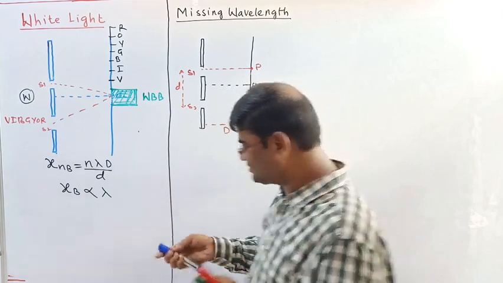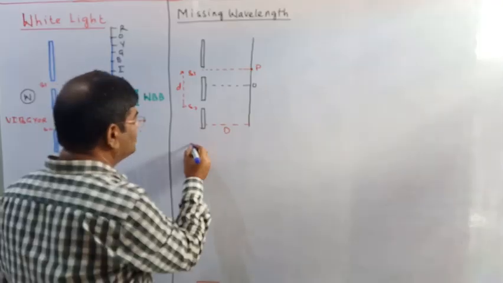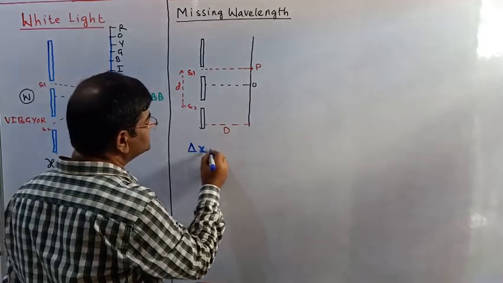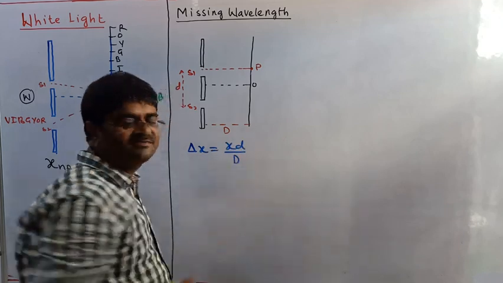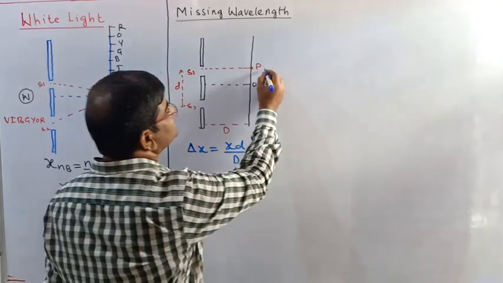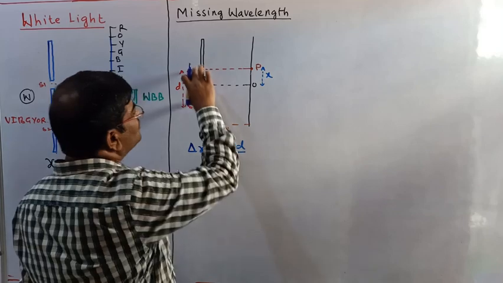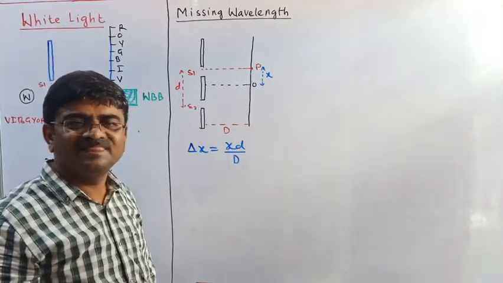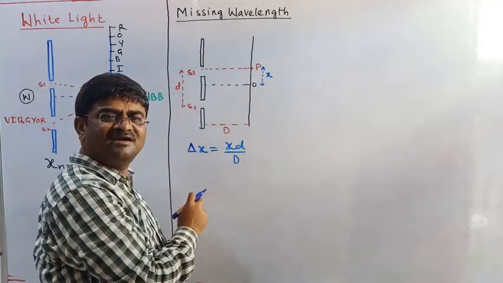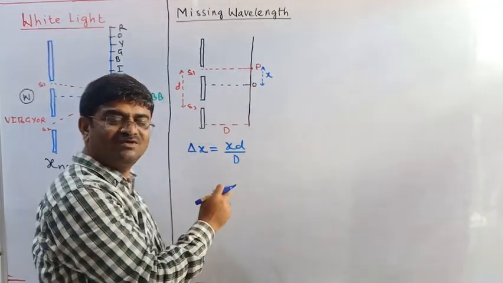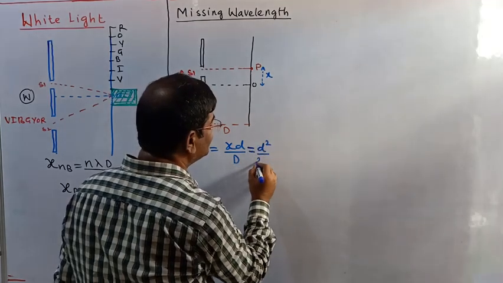In YDSE, I had told you path difference is given as xd divided by D, where x is this distance. Capital D you are known with, and presently x equals D by 2. Sorry, d by 2. So I get d square divided by 2D.